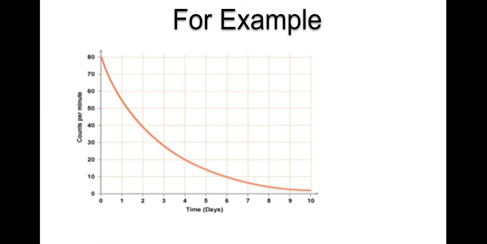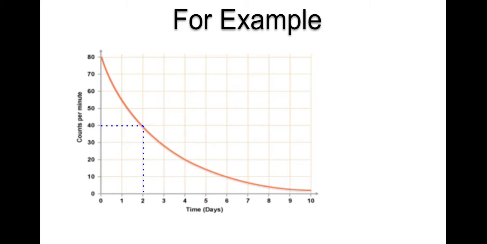So, for example, here's a graph showing us the count rate of a radioactive source over a period of 10 days. And we can see at the beginning it starts at 80 counts per minute. So, half of 80 is 40. And we can see it reaches 40 counts per minute after 2 days.